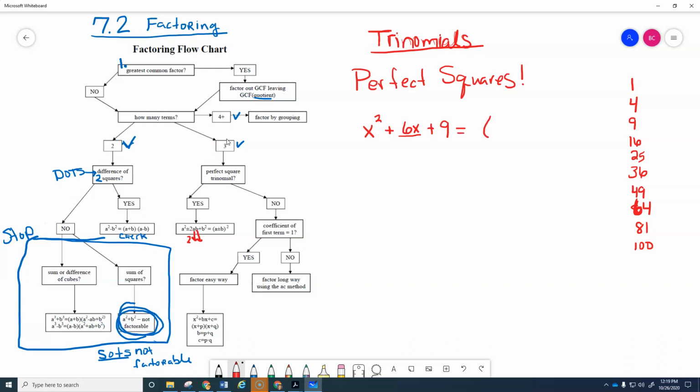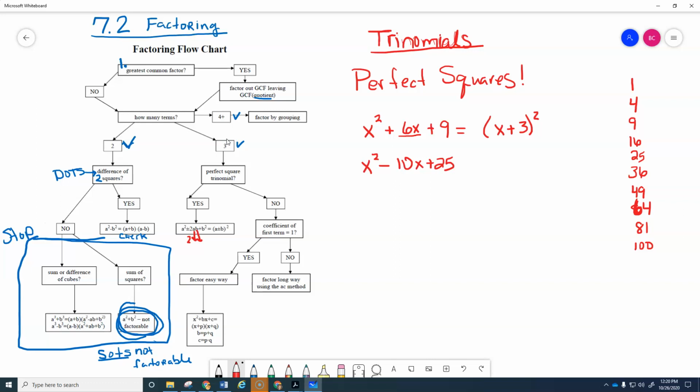That is going to factor, and it's always going to factor as the root of the first one, which is x. Whatever this sign is will match this sign. And then whatever the root of this one is will go here. Okay, so first of all, recognize that it's a perfect square.